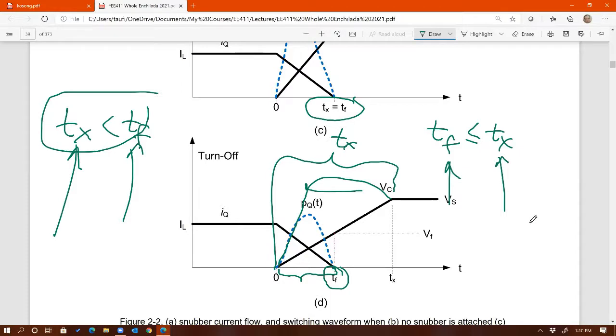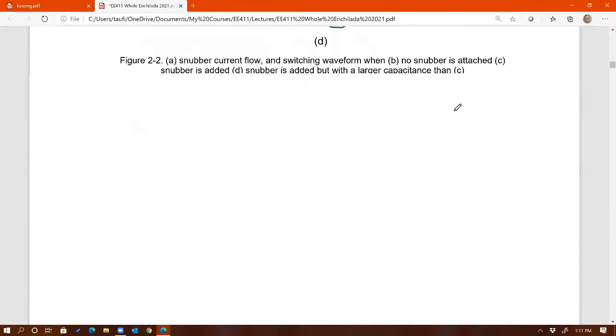Does that make sense? Hopefully. Because that's the question: how do you minimize the loss? Now we can start quantifying that by using these timings. Any questions? No? Okay, if not, let's move on.